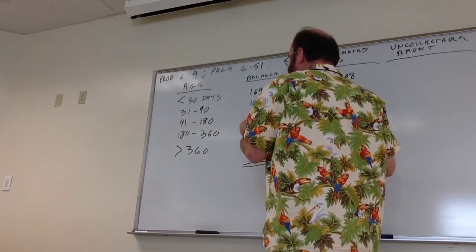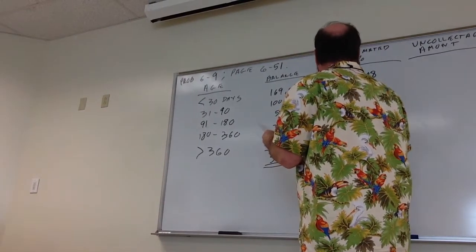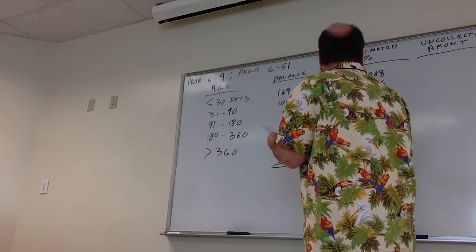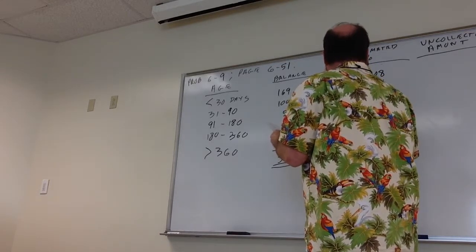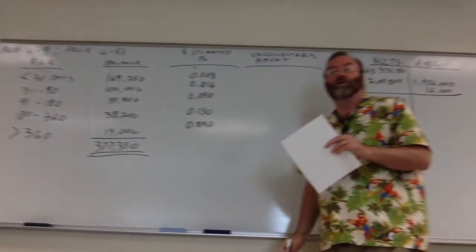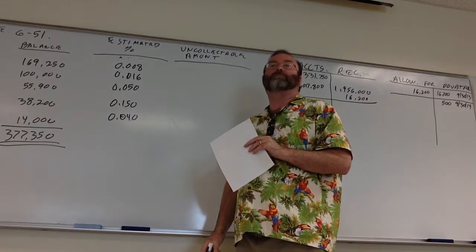The 180 to 360 is 15%. And then 40% for the excess over 360.